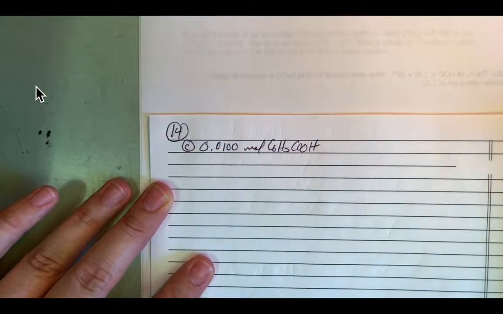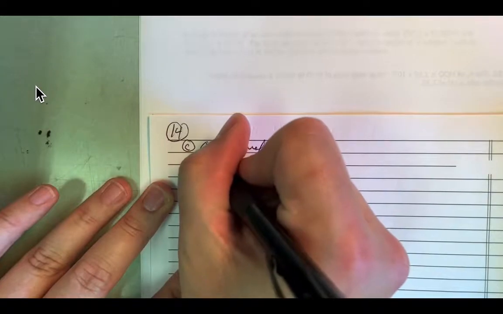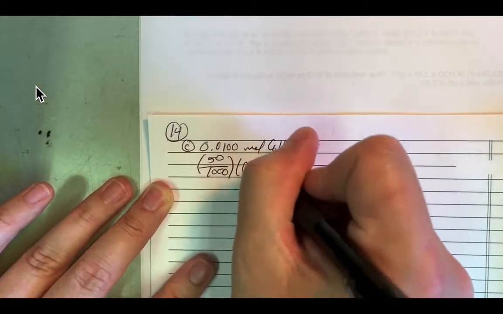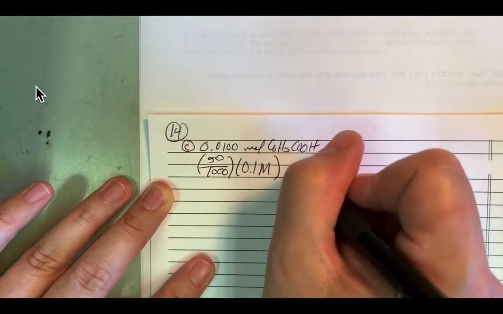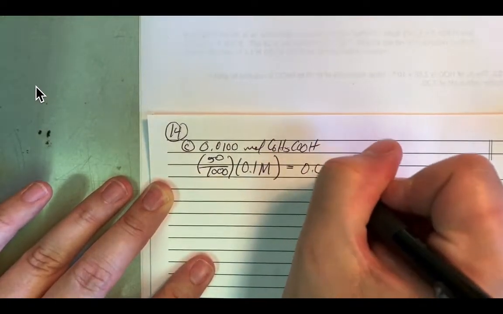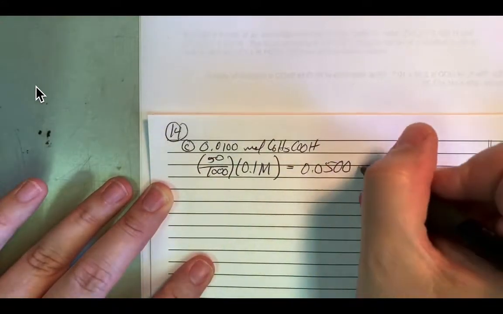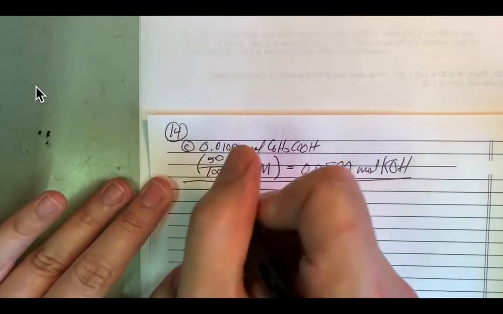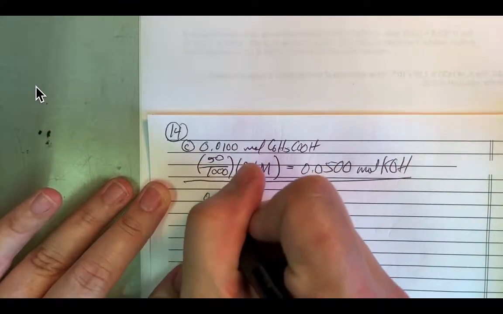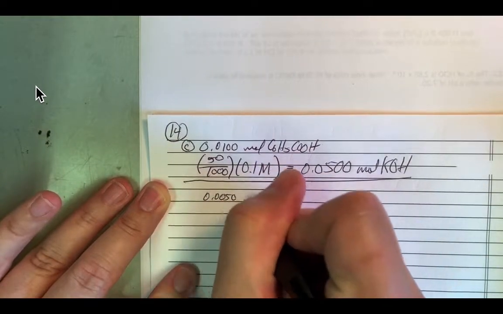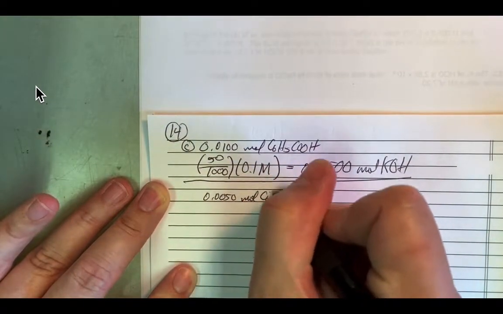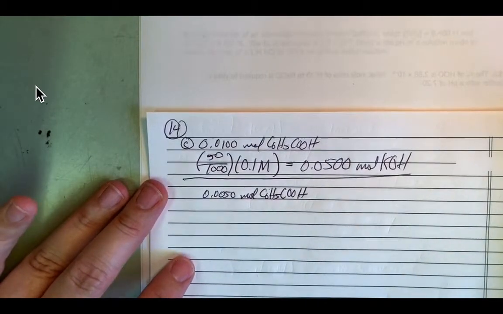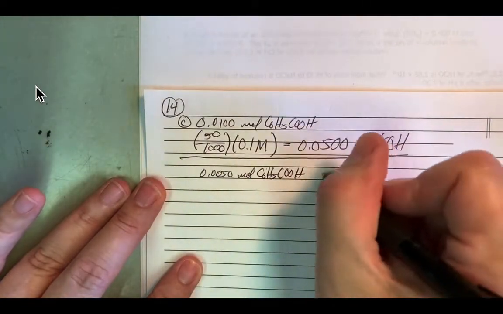Okay, moles of the acid. Moles of the base. 0.005 moles of the acid are hanging around at the end of that.